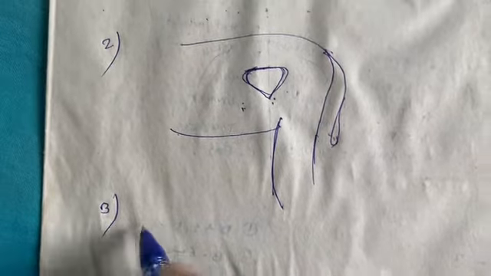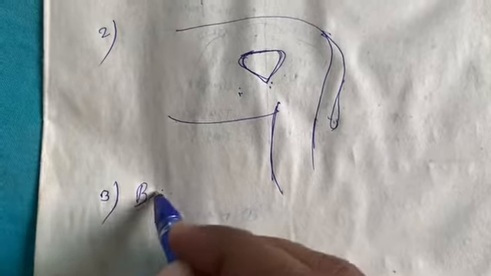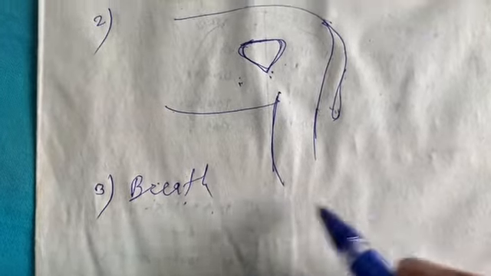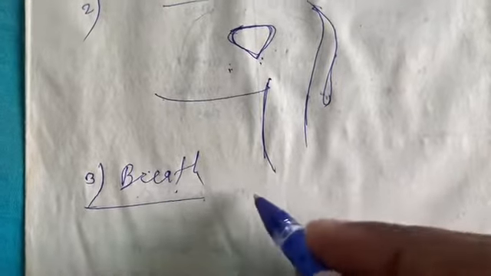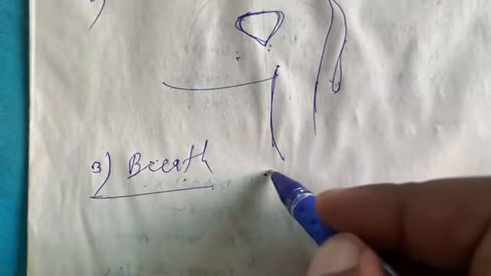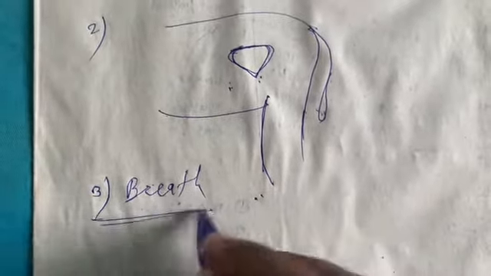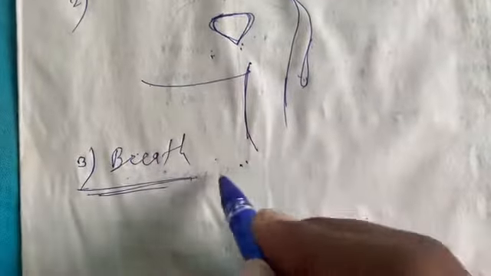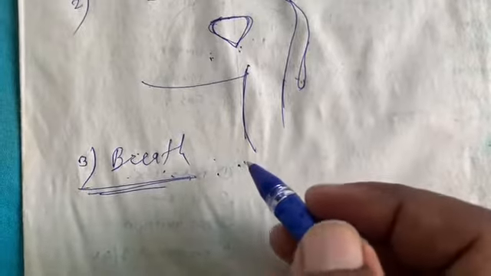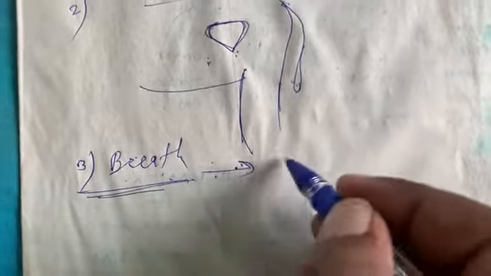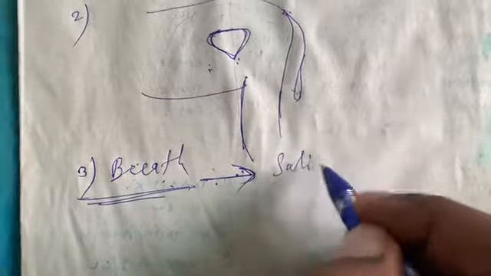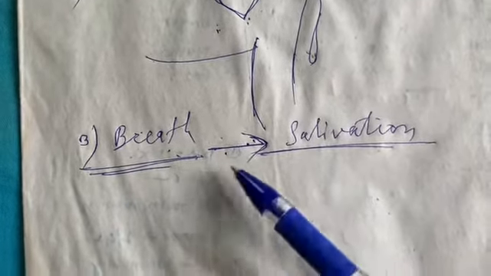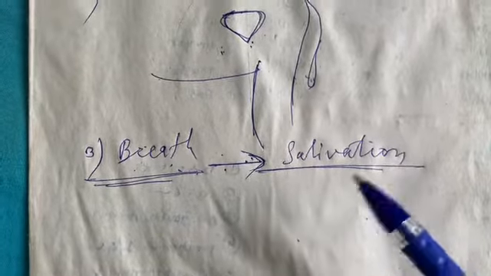The breath becomes difficult, meaning difficulty in respiration, and is enhanced by oral breathing, meaning animals try to breathe orally. Then there is protrusion of the tongue and salivation. When oral breathing occurs in such animals, the tongue comes outside and salivation also occurs, as the animal finds difficulty in respiration.